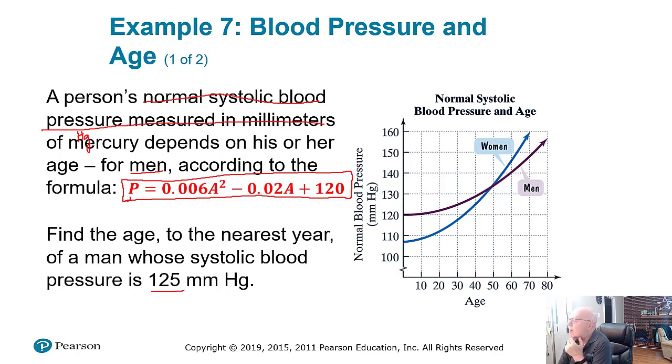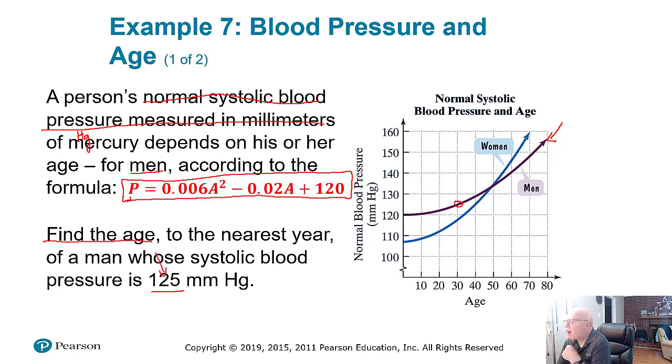So, okay, where's the man? This line right here is for the man. So, start at either end of this curve and find where it has a height of about 125, somewhere around here. It says find the age of someone that has a 125 systolic.